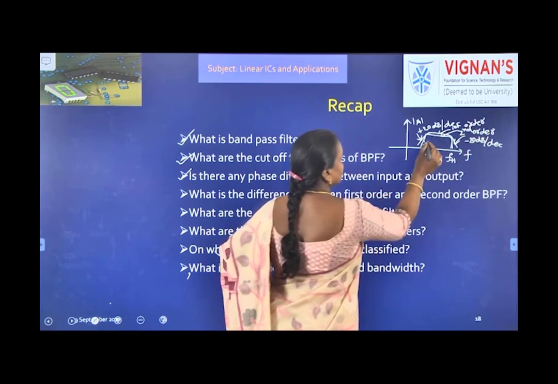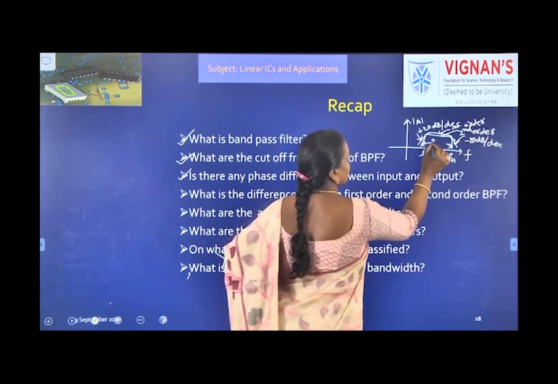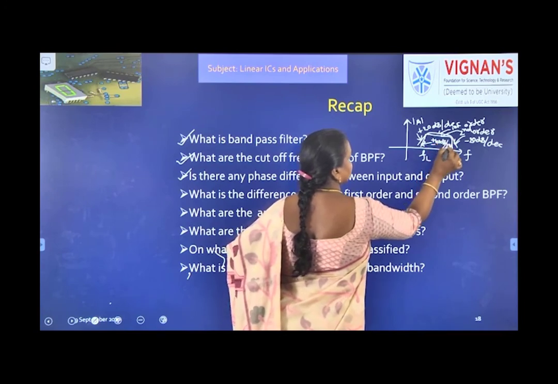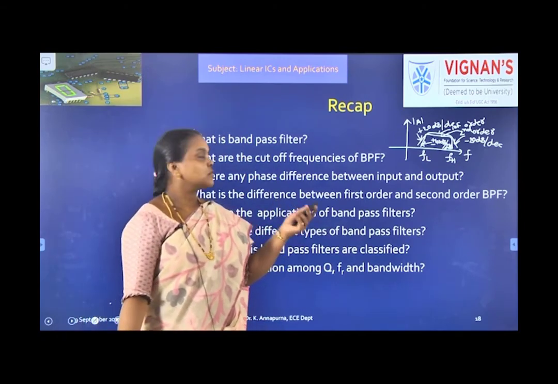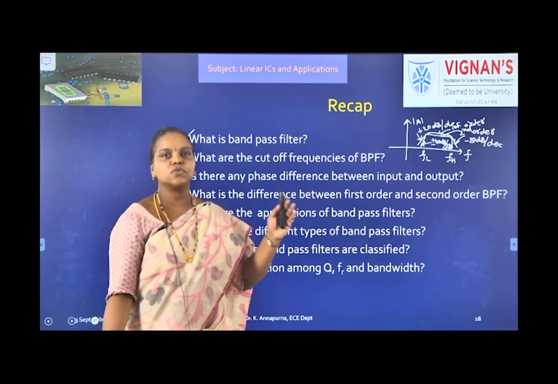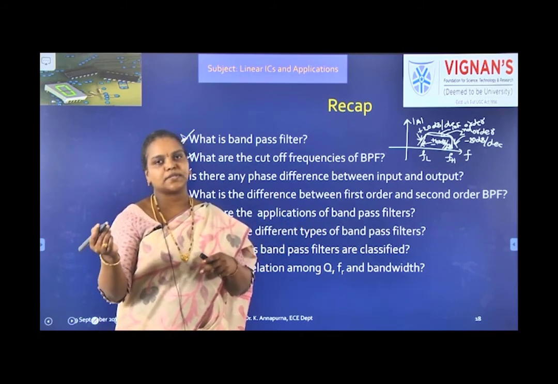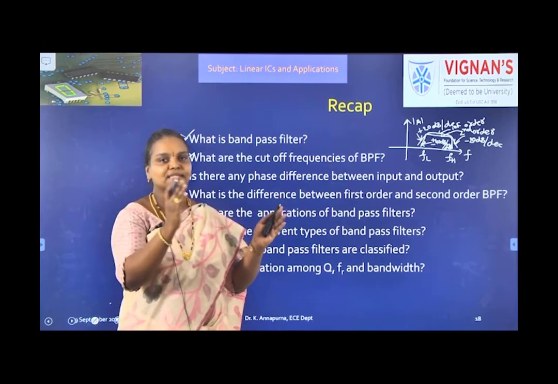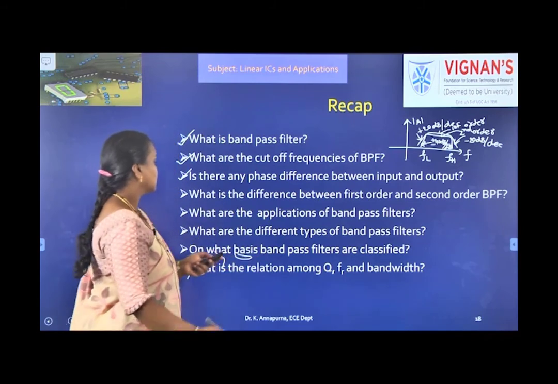For second order, the slopes are plus or minus 40 decibels per decade. If you use first order low pass and high pass to construct the band pass, then it will result in first order band pass. If you need second order band pass, you have to cascade second order high pass and second order low pass.